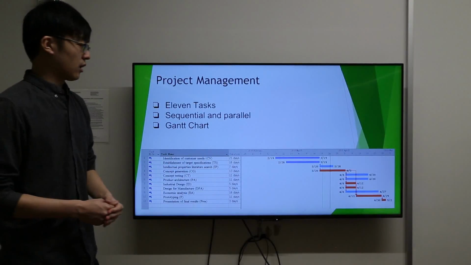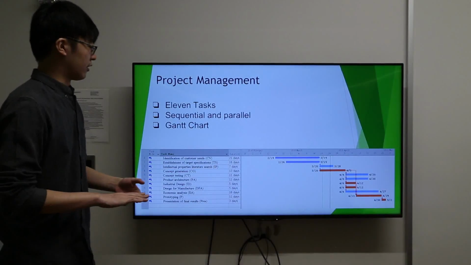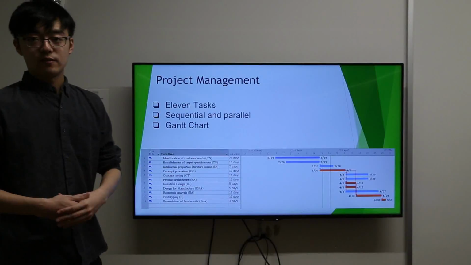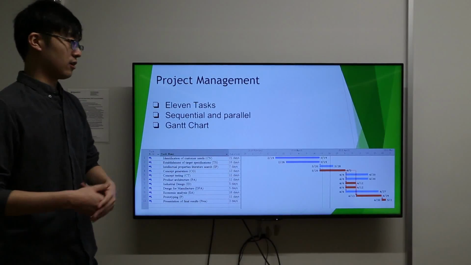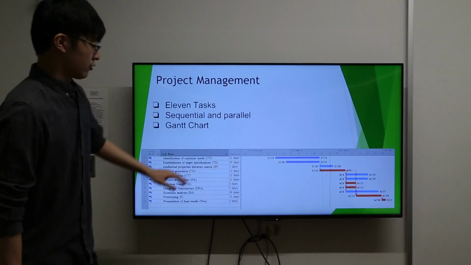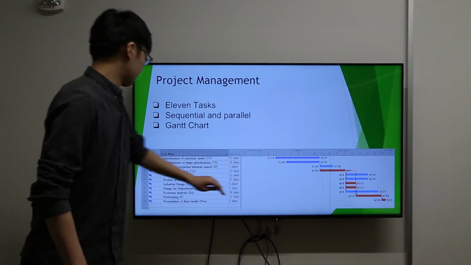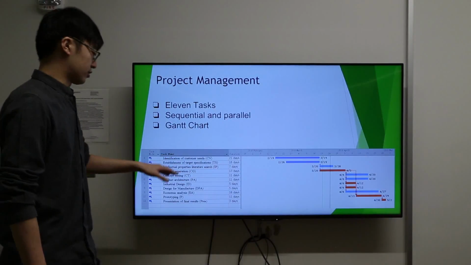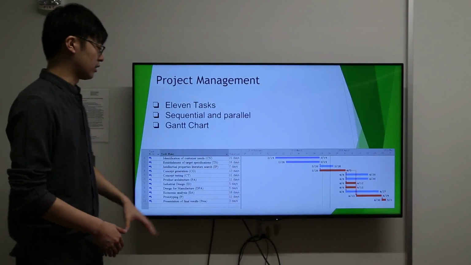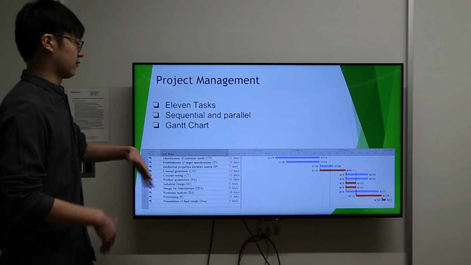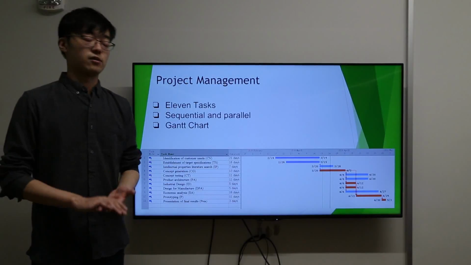So we assign 4 summaries of tasks, and the summaries are sequential with each other, and tasks within the summaries are assigned to be in parallel. So far we already finished the first 2 sections, which are identification of customer needs and establishment of target specification, and we spent a relatively longer time than on other tasks because our strategy is based on the customer.